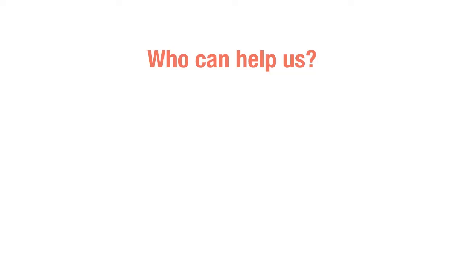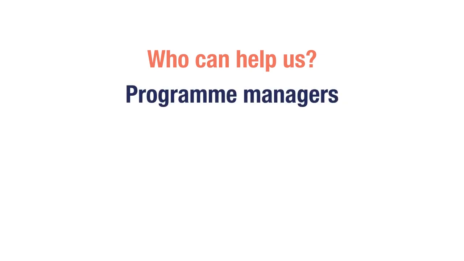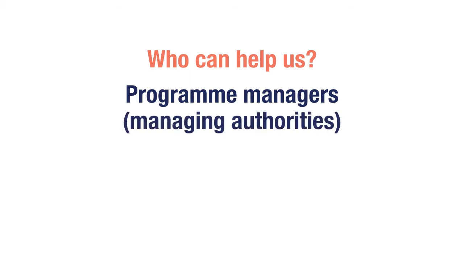Who can help us on that? You have program managers. Program managers are the guys who are managing a lot of projects for huge regions or huge countries at the same time. Program managers are also called managing authorities, okay? Because they manage the funds. In these funds, you find a lot of projects, and these projects are led by someone, a project leader.